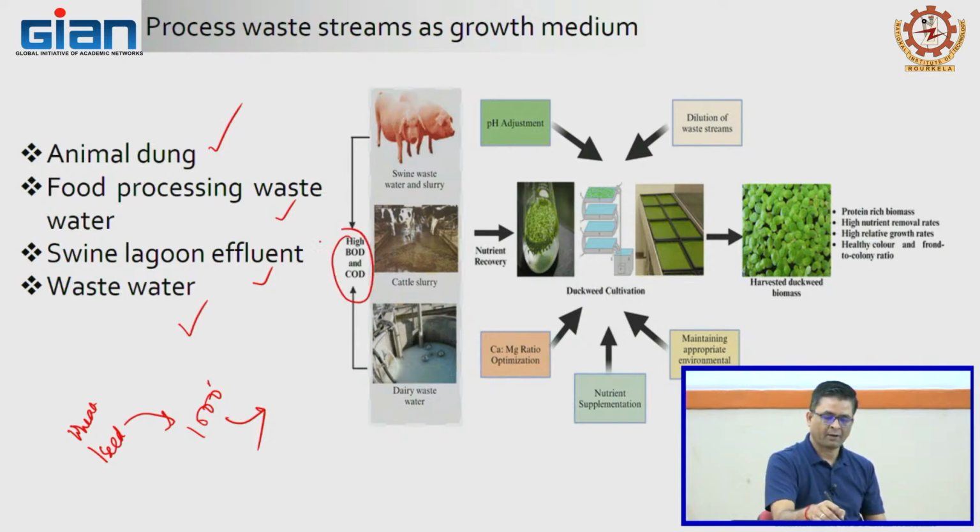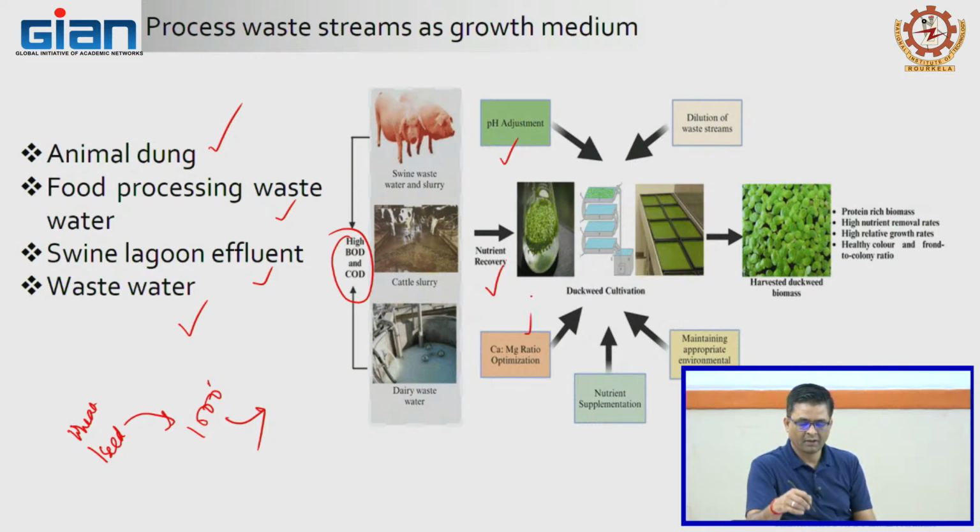They all have a problem of high BOD and COD. You adjust the pH depending upon the species you grow. For nutrient recovery, if you are looking for a large amount of production, you may have to adjust the calcium and magnesium ratios, and that can complement the experiment you are doing the other day.